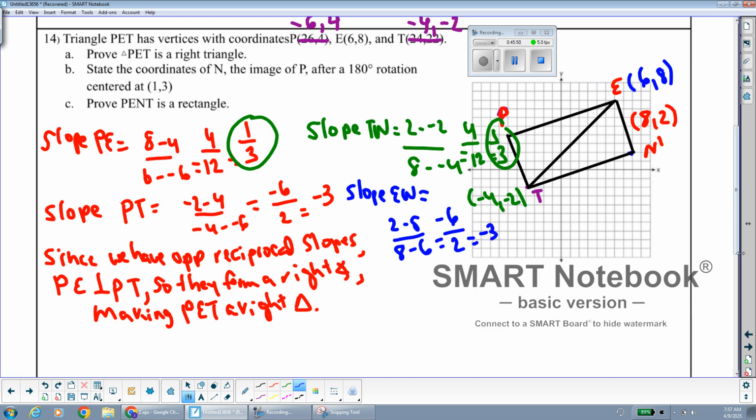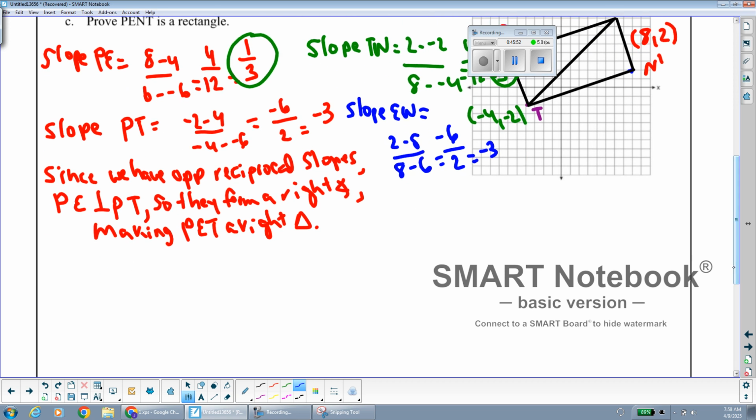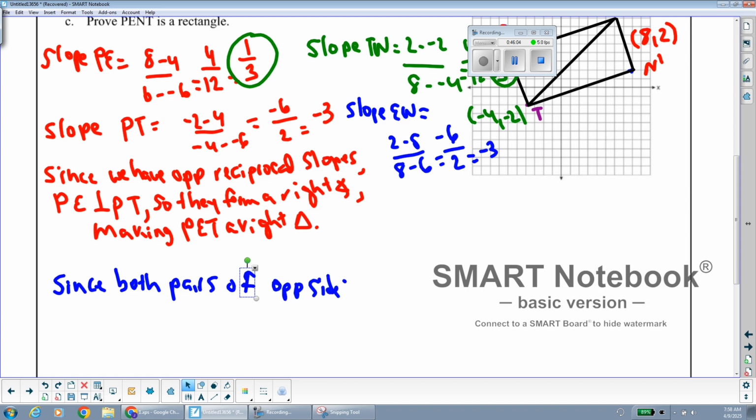So I'm going to write my concluding statements here. Both pairs of opposite sides parallel. PENT is a parallelogram.